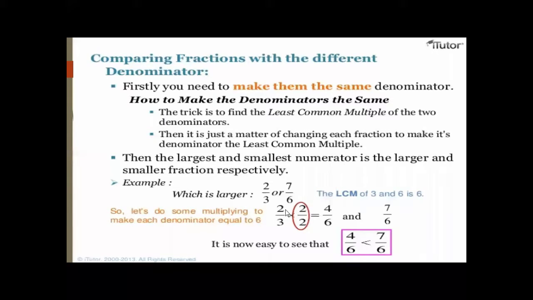So 2 upon 3 becomes 4 upon 6. I have converted it to the same denominator as the second fraction. So we have the same denominator now, and we can see that 7 is larger than 4.